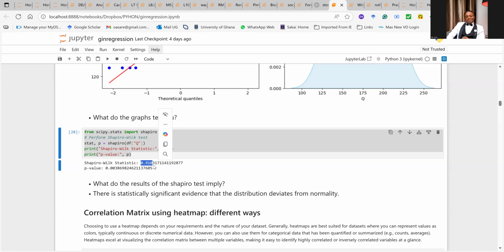So look at the p-value and write this down. In the Shapiro test, when the p-value is less than 5%, the data is not normal.